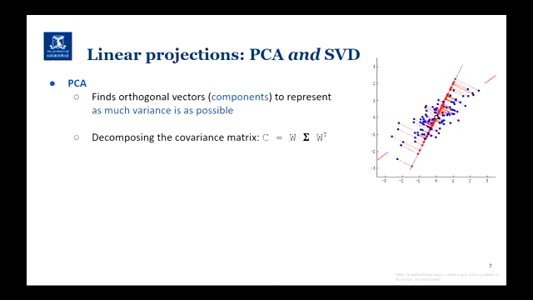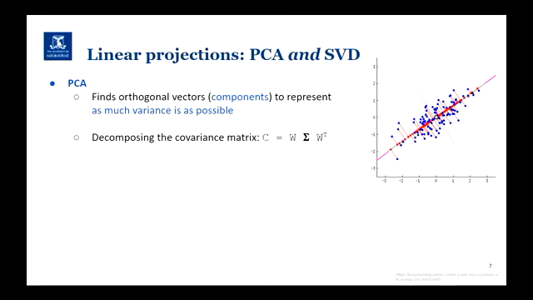Let's say here we have our 2D data. We want to find a line that maximizes variance, and alternatively, a line that minimizes the projection error in the data. There are many options there, but this one is the one that minimizes projection error and maximizes the variance represented in that variable.